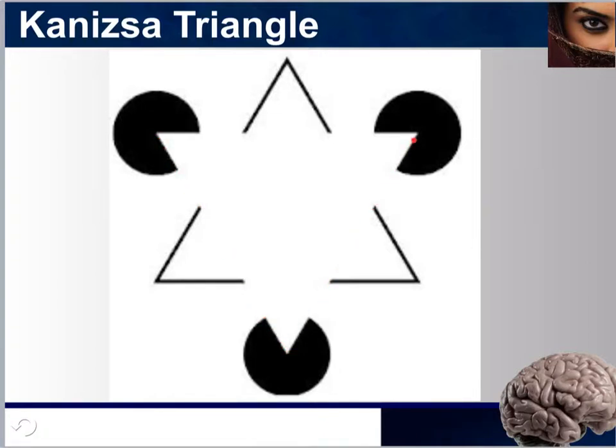In fact, some people go as far as saying that the white in here is different than the white outside. If you see the white triangle, it is because of an illusion that your brain is creating. It is not your eyes, it is your brain. Your eyes are seeing exactly what everybody else's eyes are seeing.